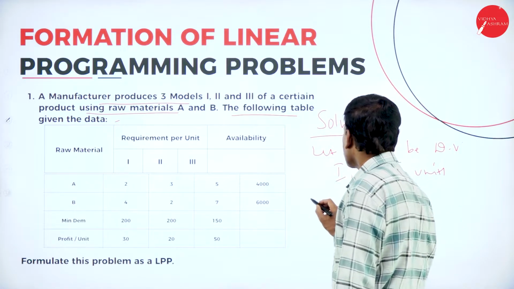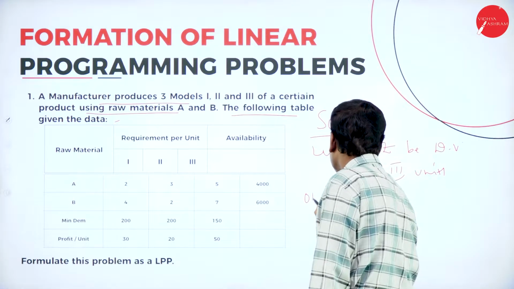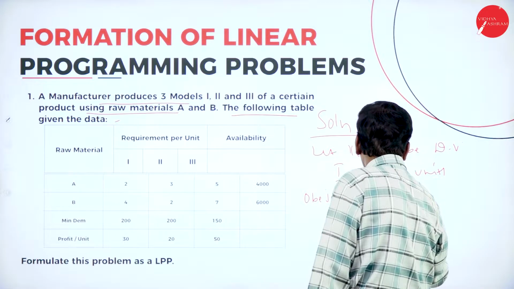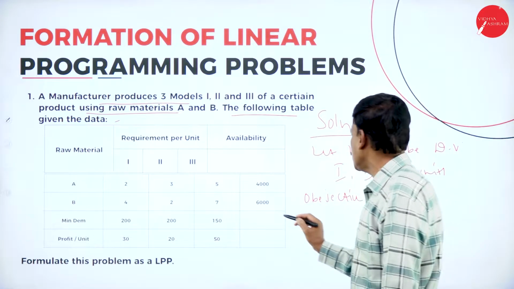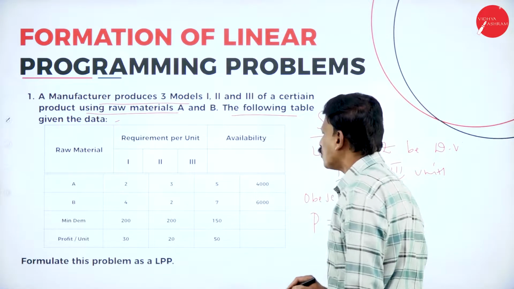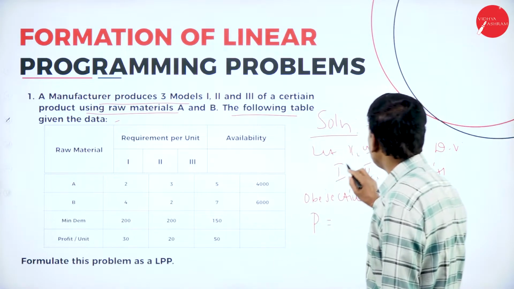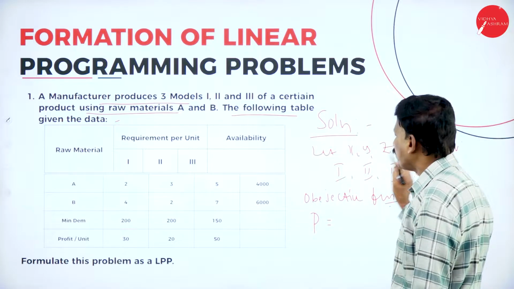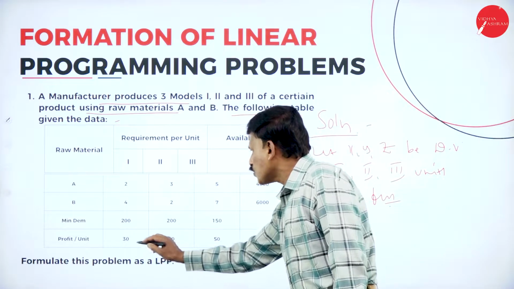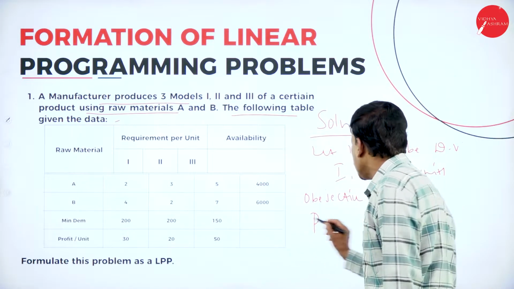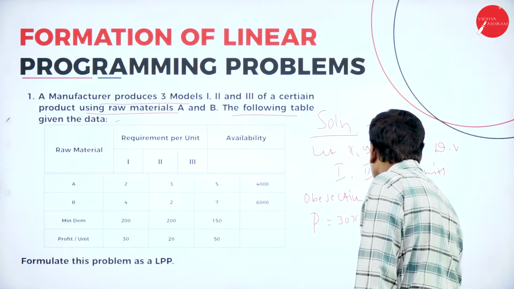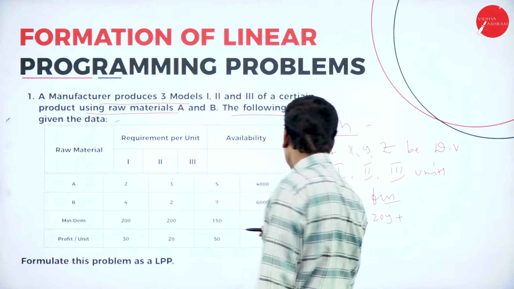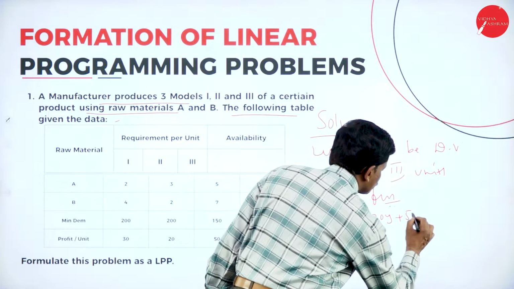Therefore, our objective function is, let us call it P is equal to, with x for first unit, y for the second unit and z for the third unit. Therefore, the objective function is 30x for the first unit plus 20y for the second unit plus 50z for the third unit.